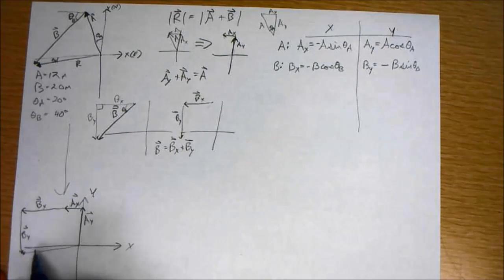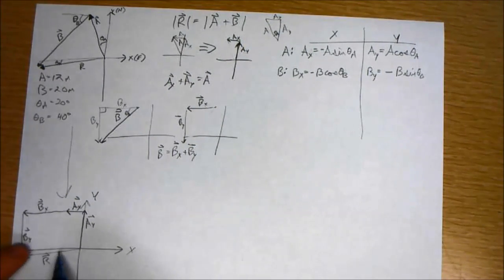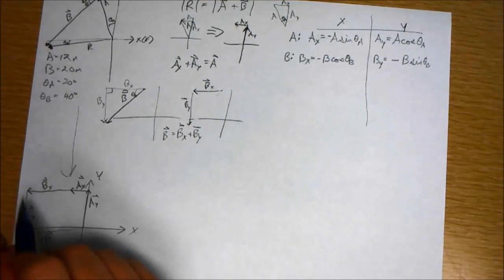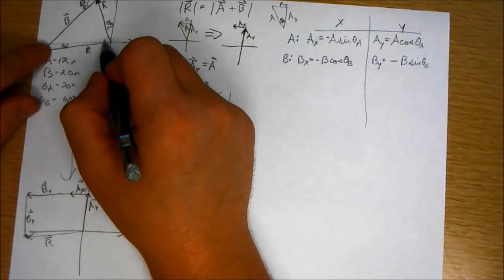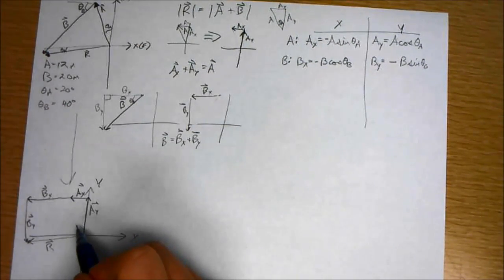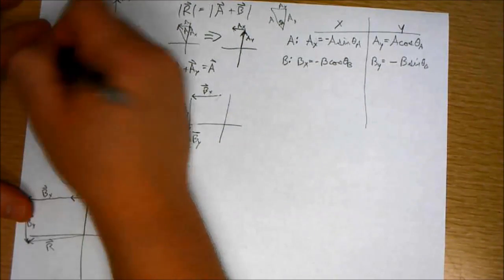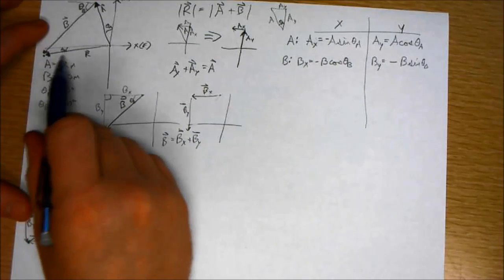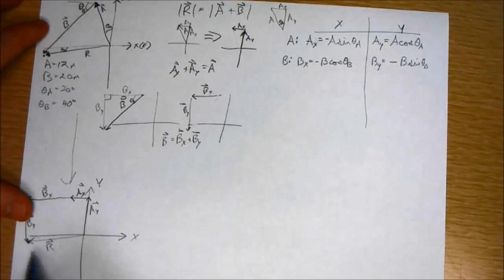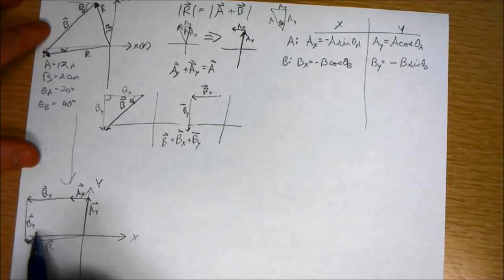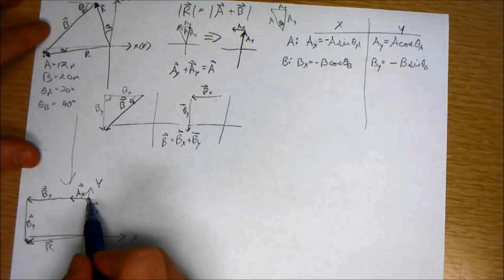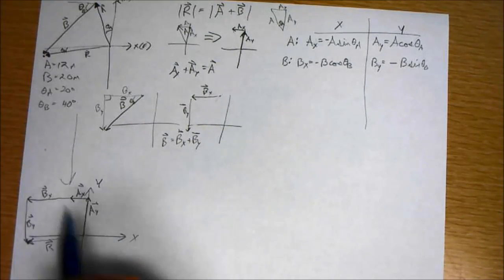The resultant vector R is exactly the same whether you do this little square thing or the original. Sure, you're traveling a greater distance here, but you end up at the same point. That's all we care about, the displacement. So the R vector from these two vectors is the same as the R vector from these four vectors. But I can easily add AY and BY because they're in the same dimension, and I can add AX and BX. So let's do that.